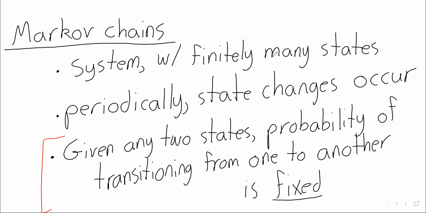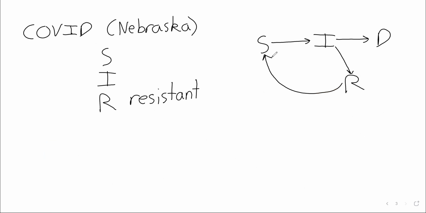You don't worry about, well, did he get COVID at 1:15 or at 3:20? Just at the end of the day, he might be sick or he might not be. But this is not a Markov chain. The Markov chain would be a completely inappropriate tool to use here.